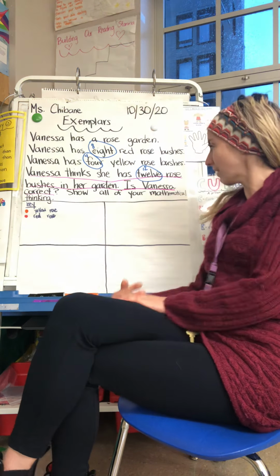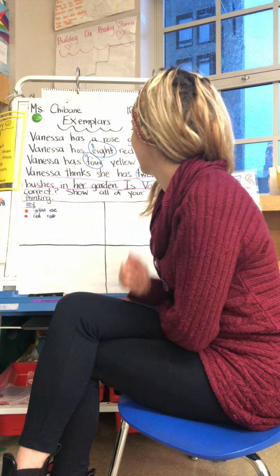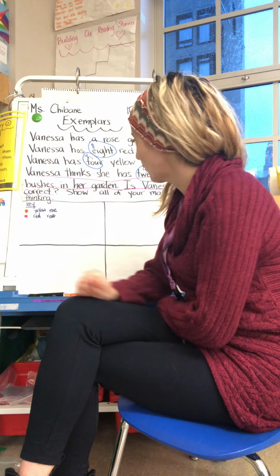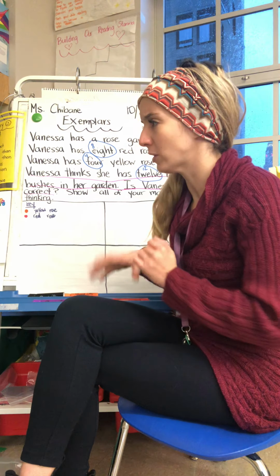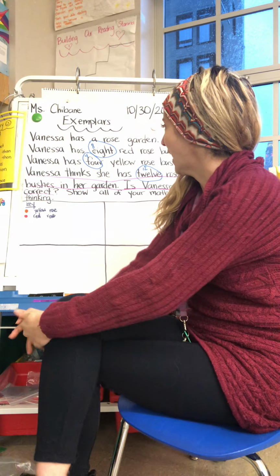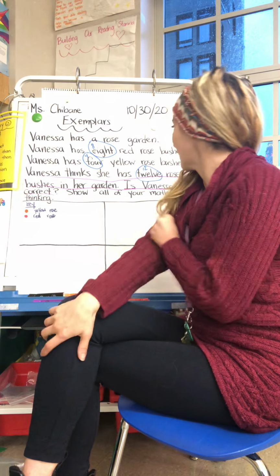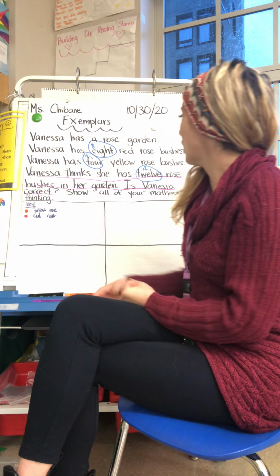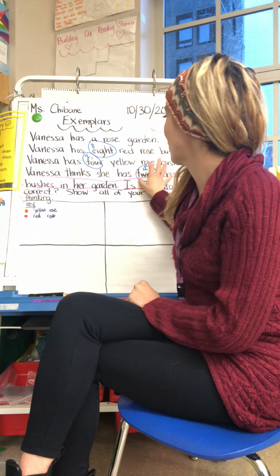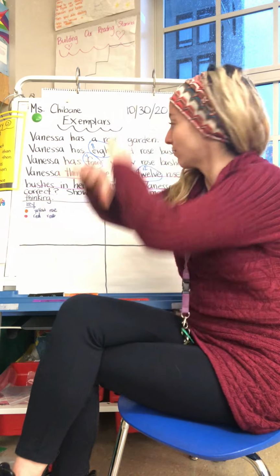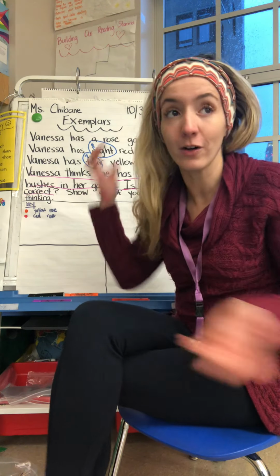Is Vanessa correct? Show all of your mathematical thinking. So now, it's a little tricky because I don't see words like "in all", but I know that she has 8 red rose bushes, and she also has 4 yellow rose bushes. She wants to know if she's right about having 12 rose bushes overall in her garden.